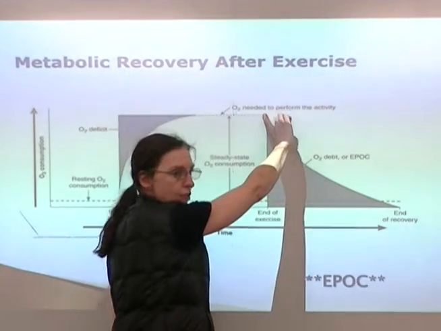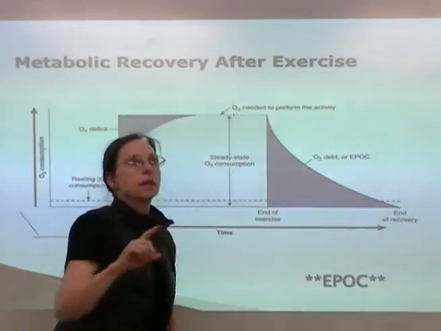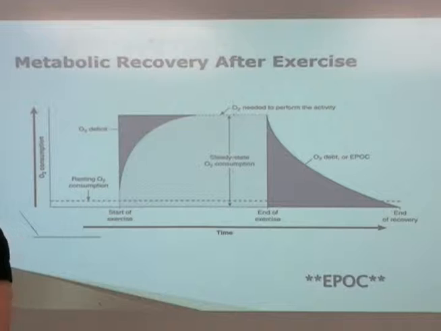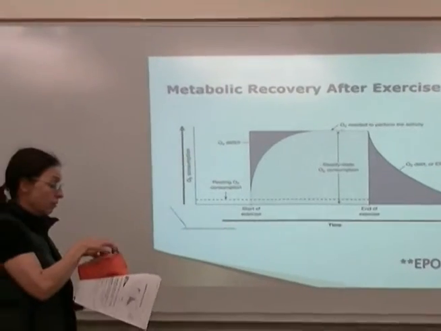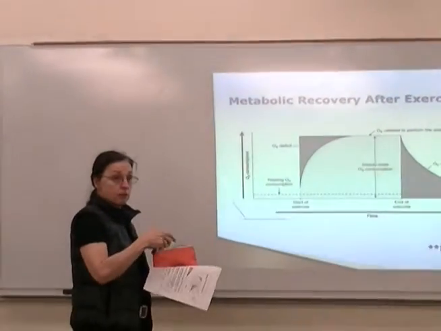This 2 minutes or so here is the oxygen I need to rebuild phosphocreatine. So yesterday in lab, we busted up our phosphocreatine and released the energy, right? And we had creatine floating around on its own and an inorganic phosphate floating around on its own. Yes?